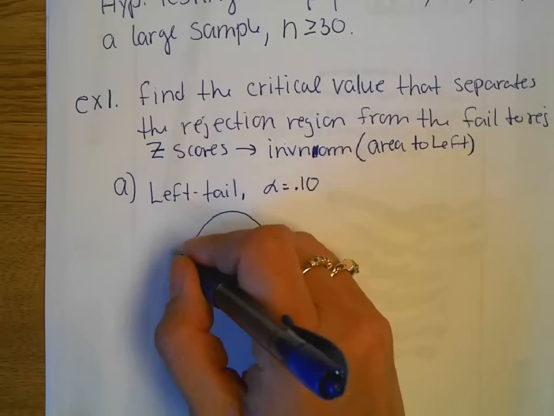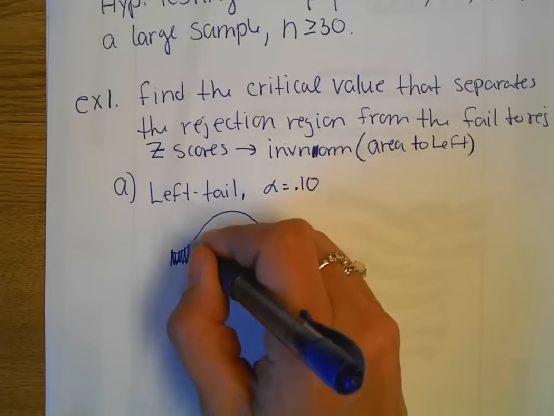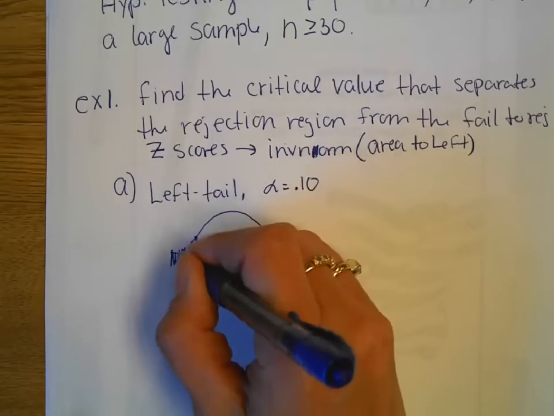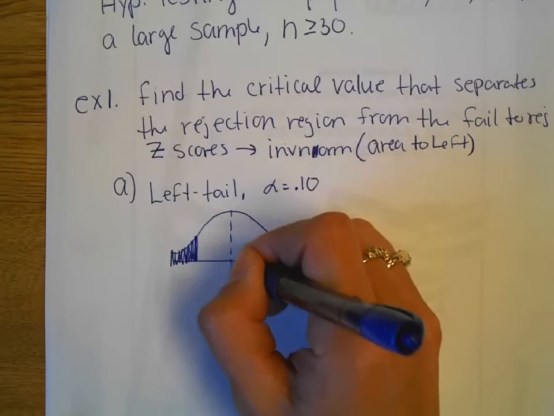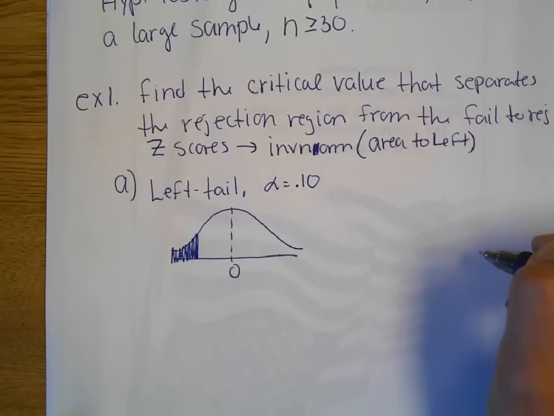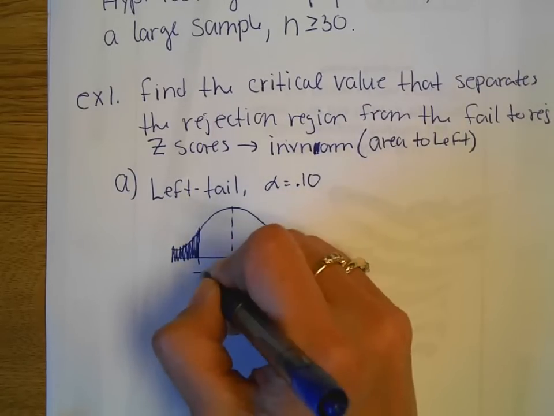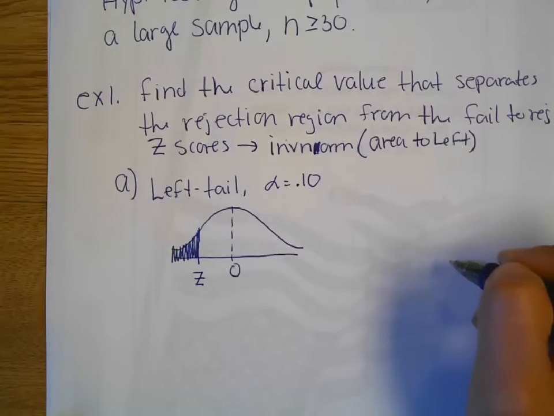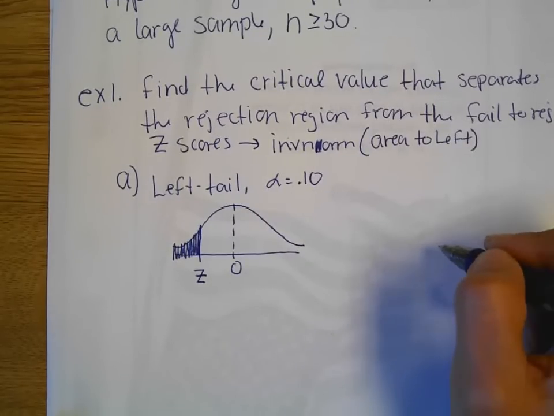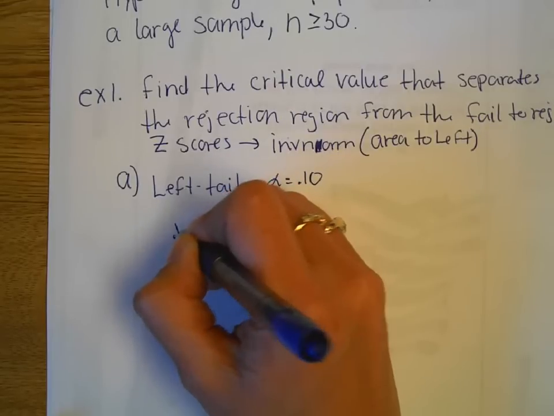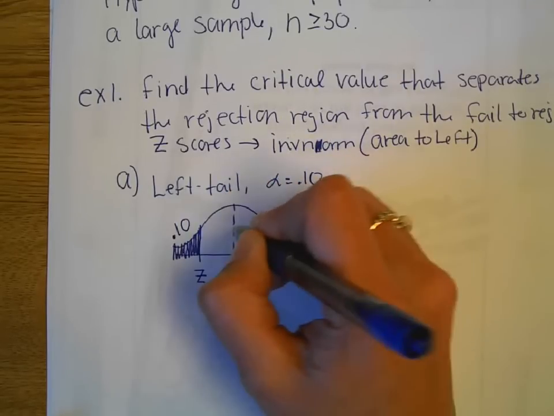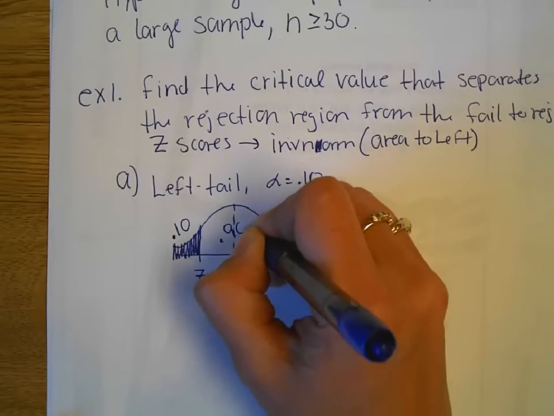So left tail, left rejection region. Shaded is reject. And we're doing the normal curve, 0 in the middle. And we want to find this z-score here. And what I know is 10% is shaded here. And that means 90% is unshaded.